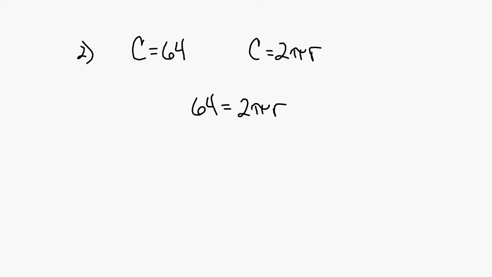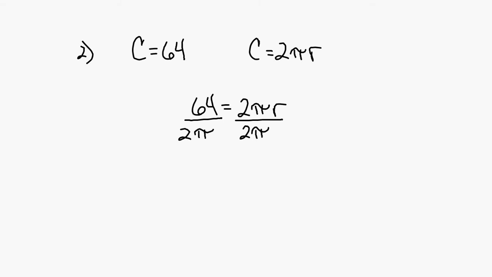And now you're solving for the radius, so you divide both sides by 2 pi. So in your calculator, take 64 divided by 2.